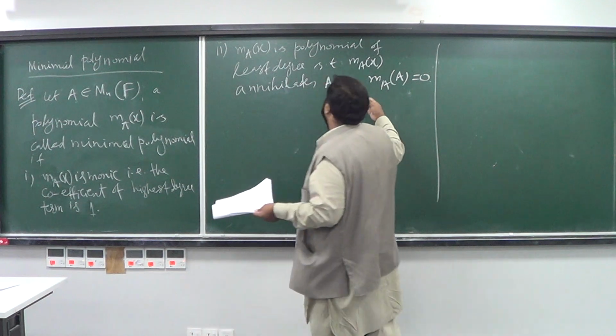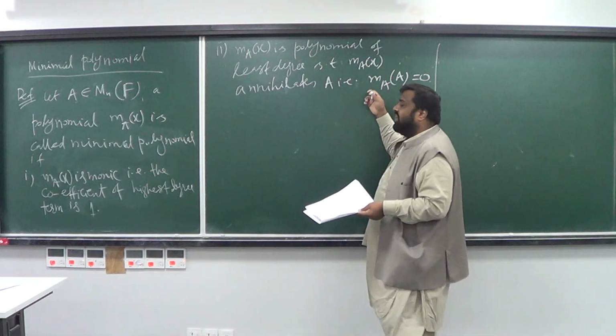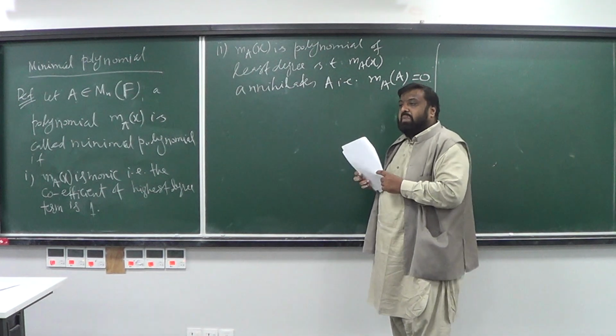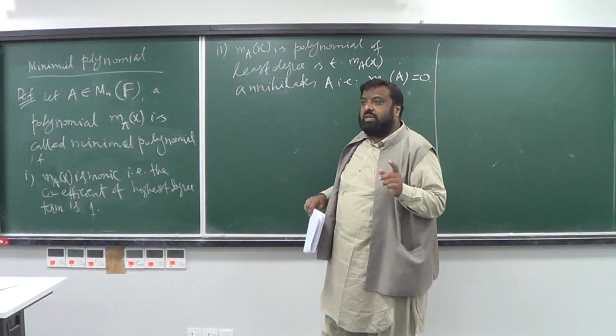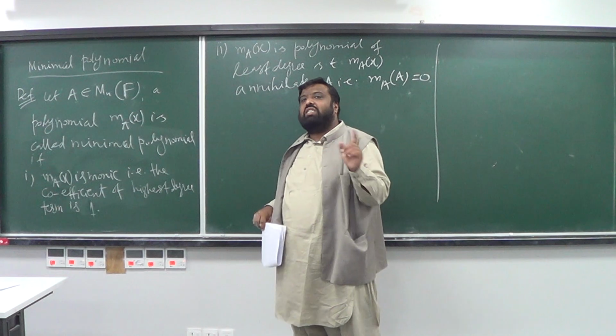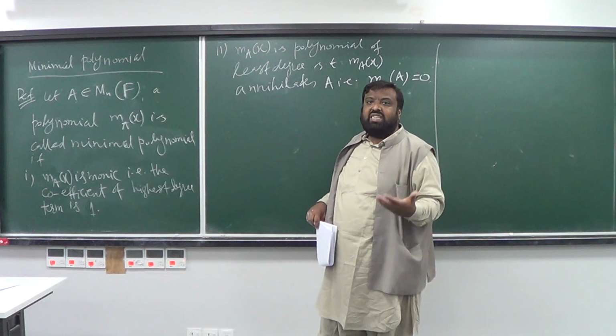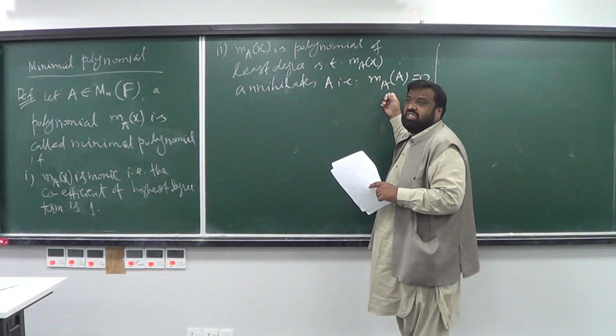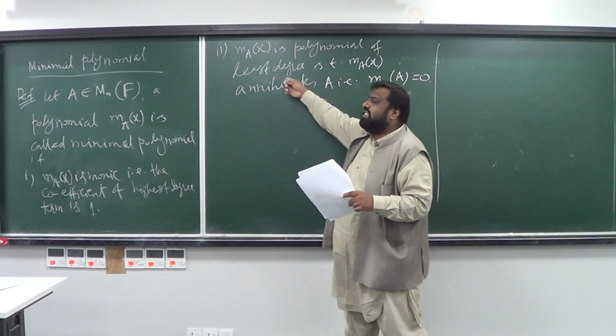Now we know that the characteristic polynomial is a monic polynomial, and it is also a polynomial that annihilates the matrix A. But the characteristic polynomial does not necessarily have the least degree.